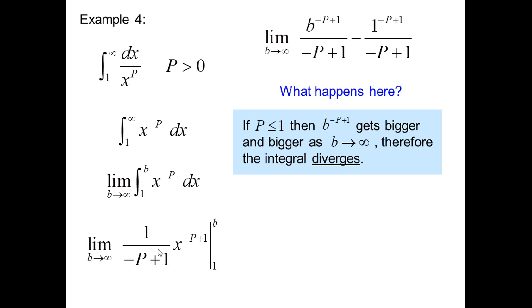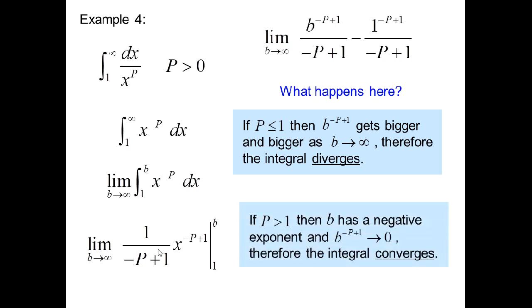Now, if p is greater than 1, then b has a negative exponent, and that means it's going to drop that b to the bottom, and b to the negative p plus 1 would actually go to 0. Therefore, the integral would converge. So that's the difference here.